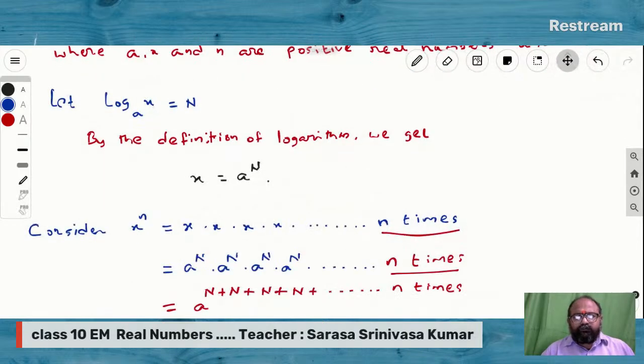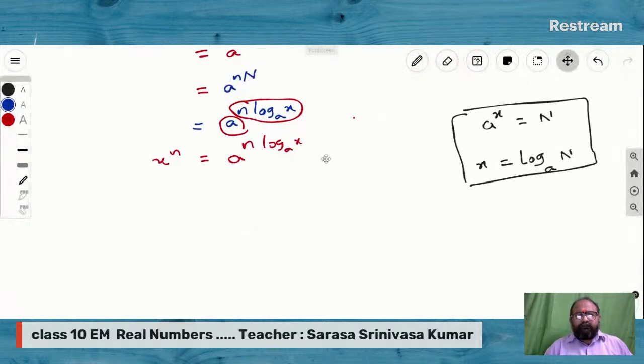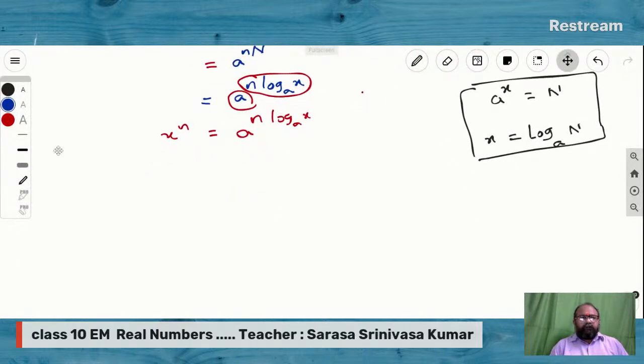So now we apply the definition of logarithm.